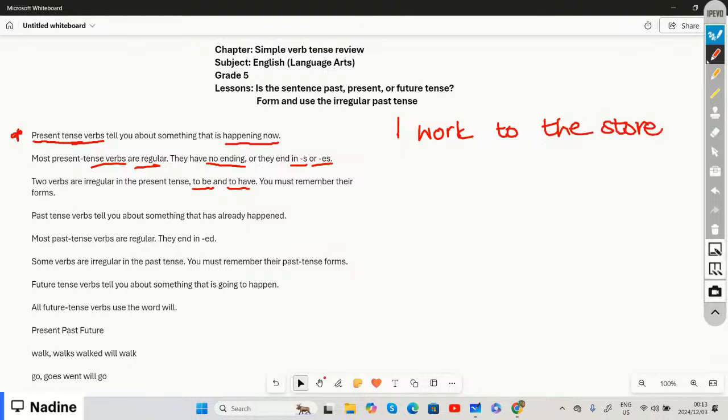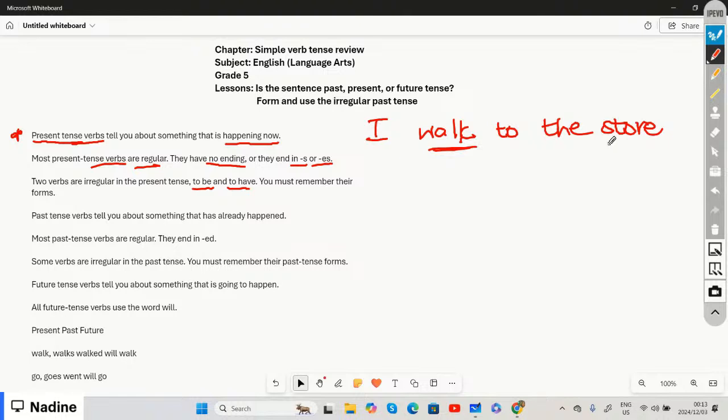So I, which is me, myself, and I, walk. So we say, I walk to the store, which means that walk shows the action that we are doing now.